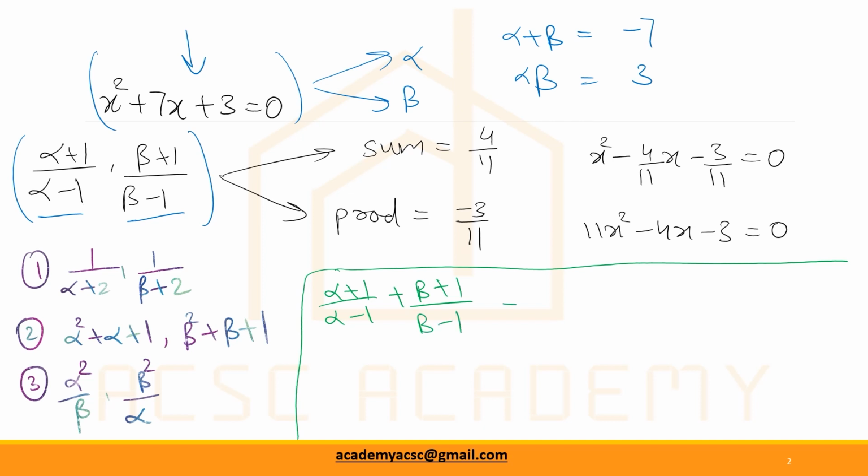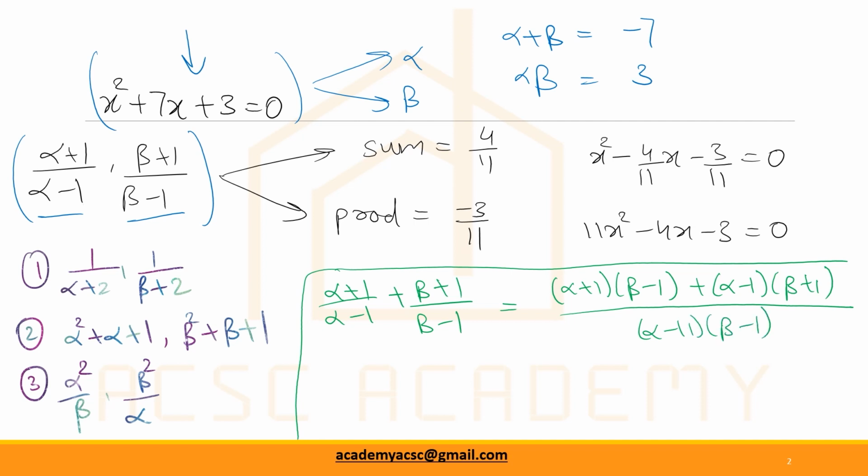Now here we'll take the LCM, making the denominators the same. That will give us alpha plus 1 into beta minus 1 plus alpha minus 1 into beta plus 1, and the denominator will become alpha minus 1 into beta minus 1. Now let us solve this.